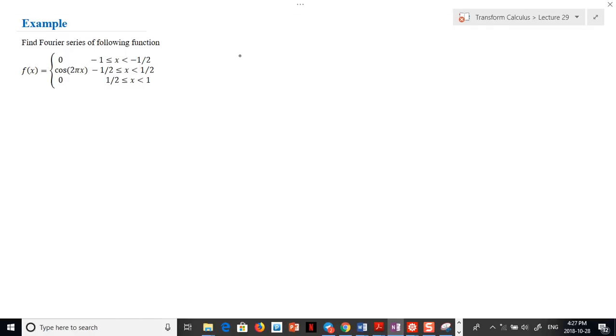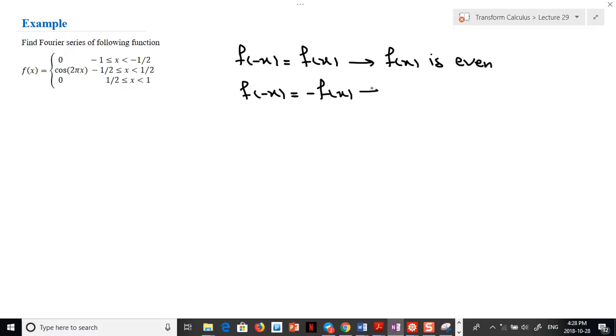If f(minus x) is equal to f(x), we can say that the function is even. And if f(minus x) is equal to minus f(x), the function is odd.